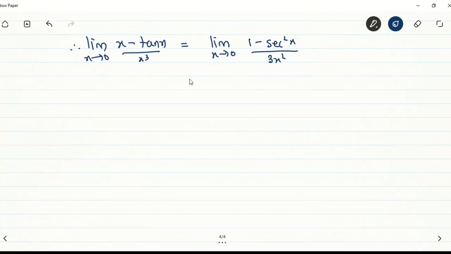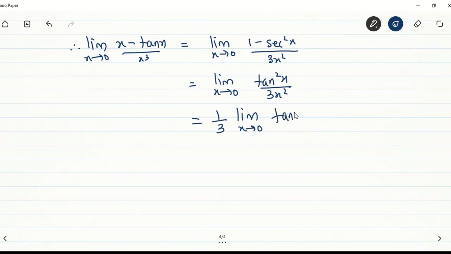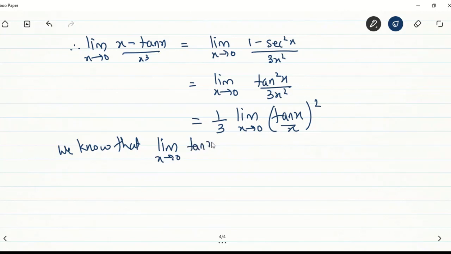So this is equal to the limit as x tends to 0 of 1 minus sec square x, which is minus tan square x, divided by 3x square. Now we can take 1 by 3 outside the limit because it is a constant. Now this is the limit as x tends to 0 of tan x divided by x, squared. We know that the limit as x tends to 0 of tan x upon x is equal to 1.